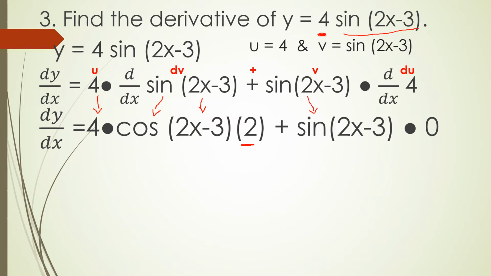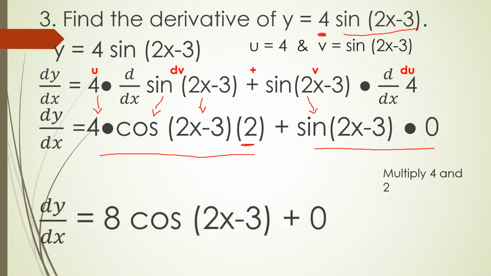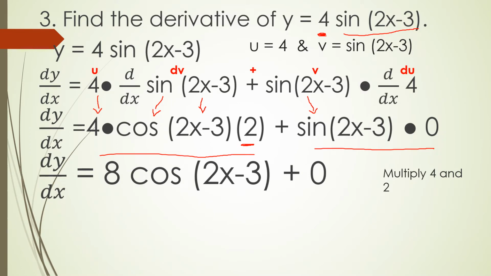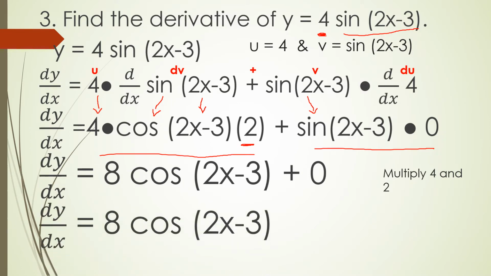The derivative of u, which is 4, is 0. The derivative of a constant is always equal to 0. Multiplying by 0 gives 0. So how do we arrange this? The answer is dy over dx is equal to 8 cosine 2x minus 3. Only these can be multiplied. It cannot be multiplied with 2x minus 3 because it has no cosine.